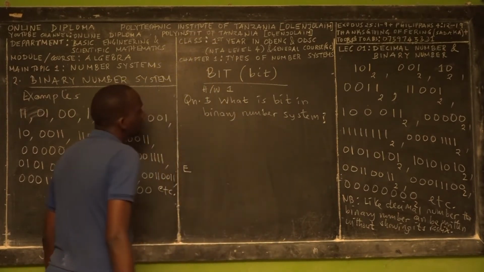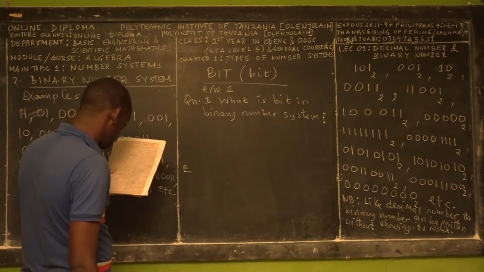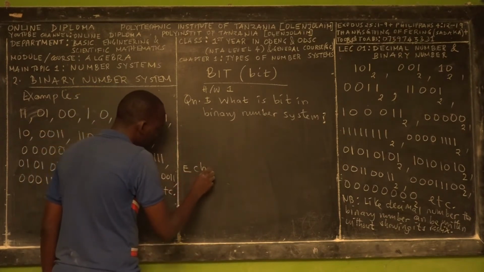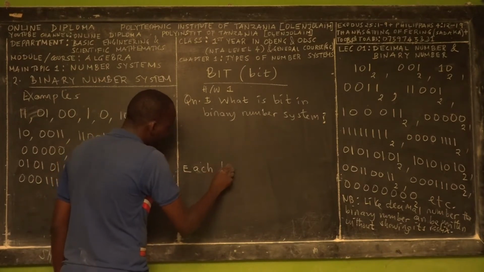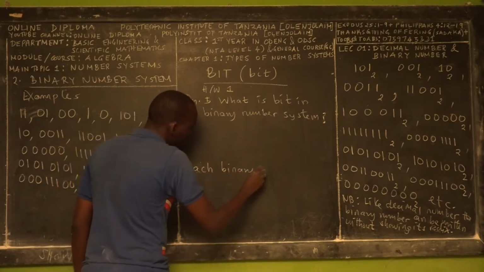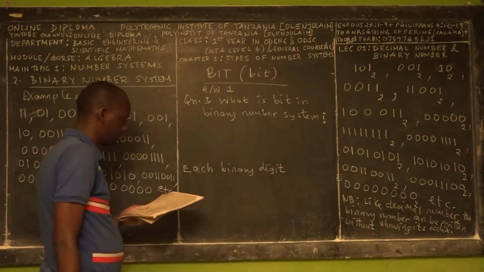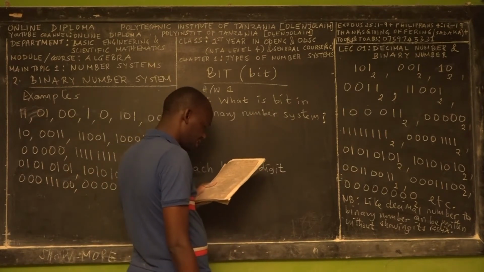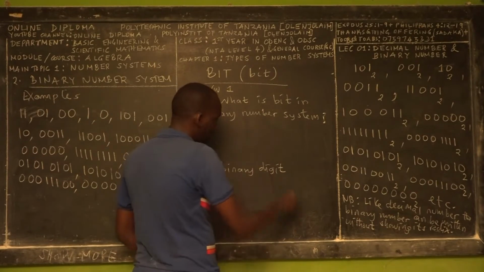So you say that each binary digit, or each digit that we find in binary number system, is called a bit.